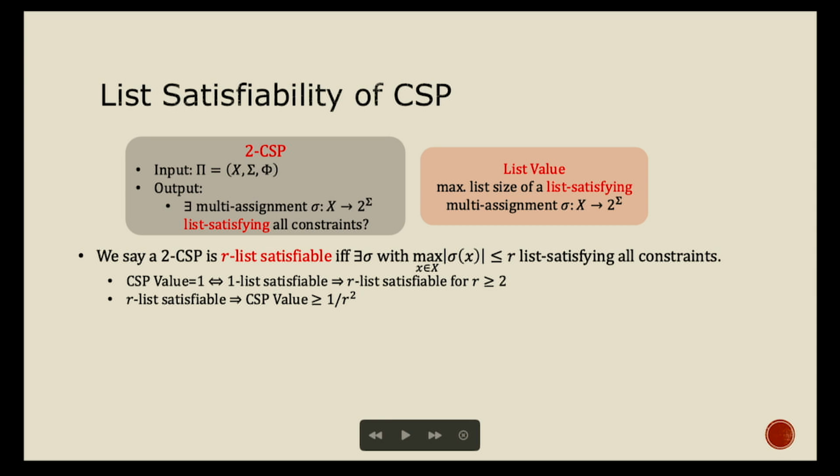And as R grows larger, it becomes easier and easier to R-list satisfy an instance. Second remark is, if an instance is R-list satisfiable, then we can randomly pick one value from each variable's list, thus in expectation satisfying at least 1 over R squared fraction of constraints. This means the normal CSP value must be at least 1 over R squared.